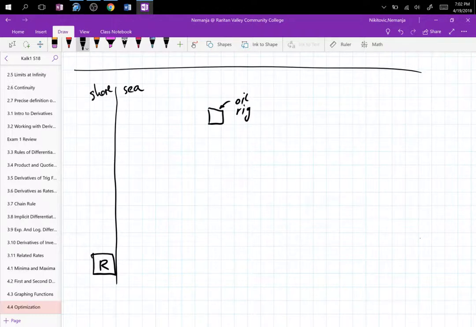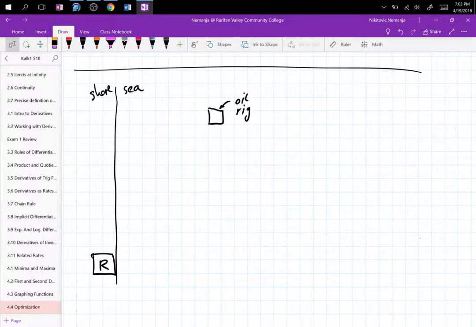Now, it should be common sense that if this rig is reasonably close, you should lay the pipes rather than have a tanker go back and forth for 2 miles or something, right? I think you can't even stop the tanker in that much. So you're going to run some pipes.